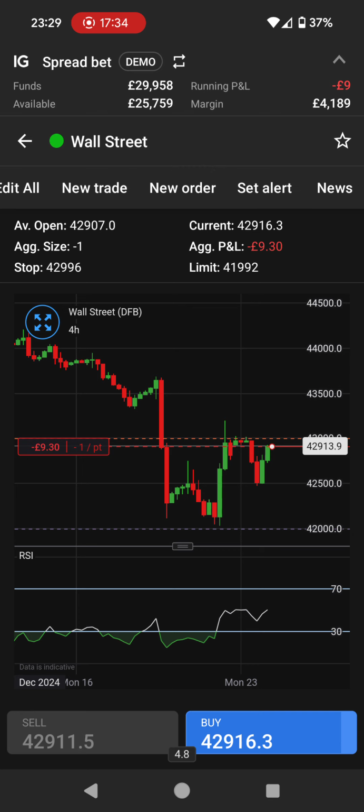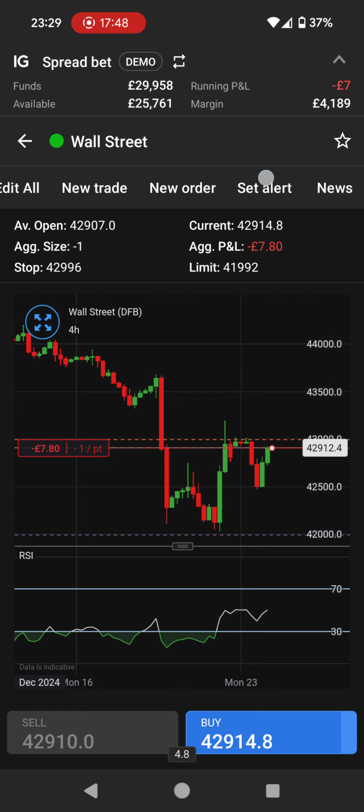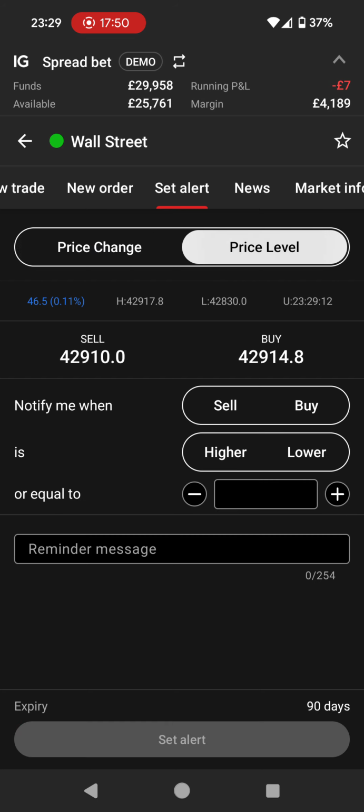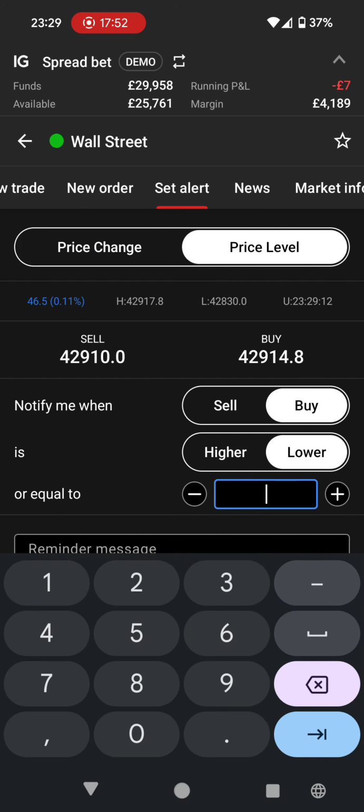So let's say we want an alert. We're still unsure if we want to take out another trade. So actually what we're going to do is put an alert at 42,500, just to let us know when it gets there.